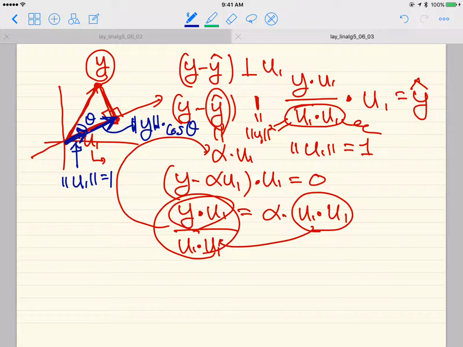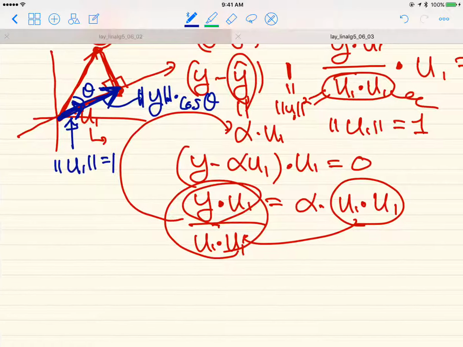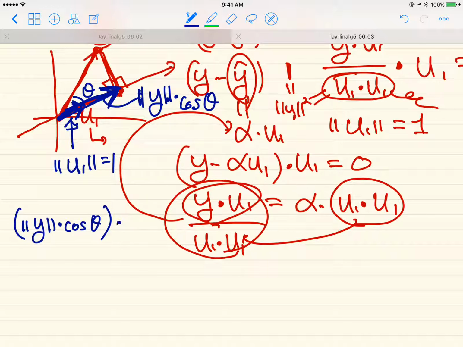Then how can we represent this orthogonal projection? This vector will have this length, and this is not an inner product. So we have the length and we have the direction, and this is our orthogonal projection.